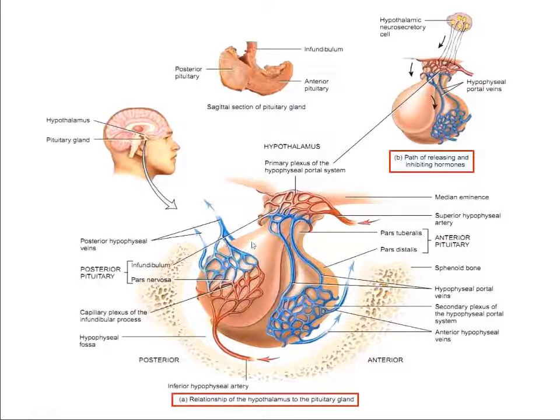You can see that there's a vascular supply coming into the stalk, and a vascular supply coming into the endocrine part of the posterior pituitary here. This is the posterior portion, which makes oxytocin and vasopressin.